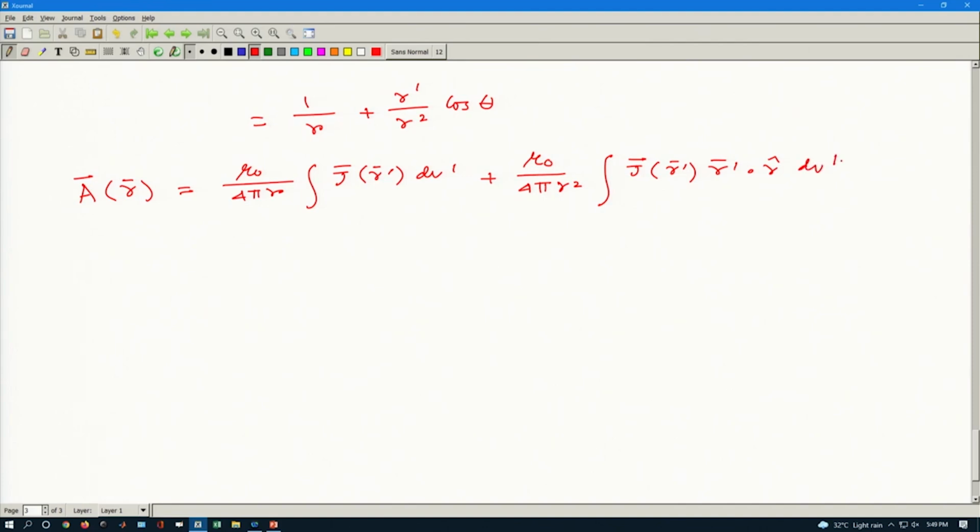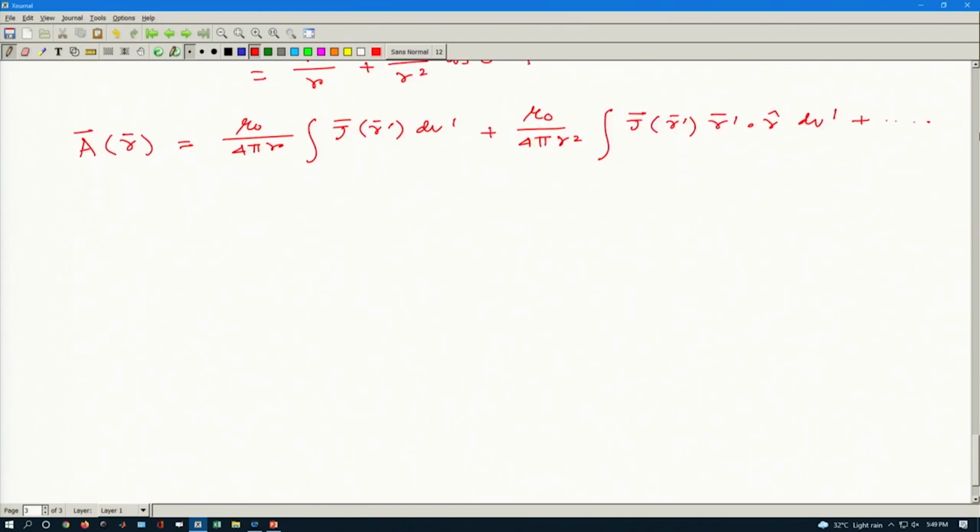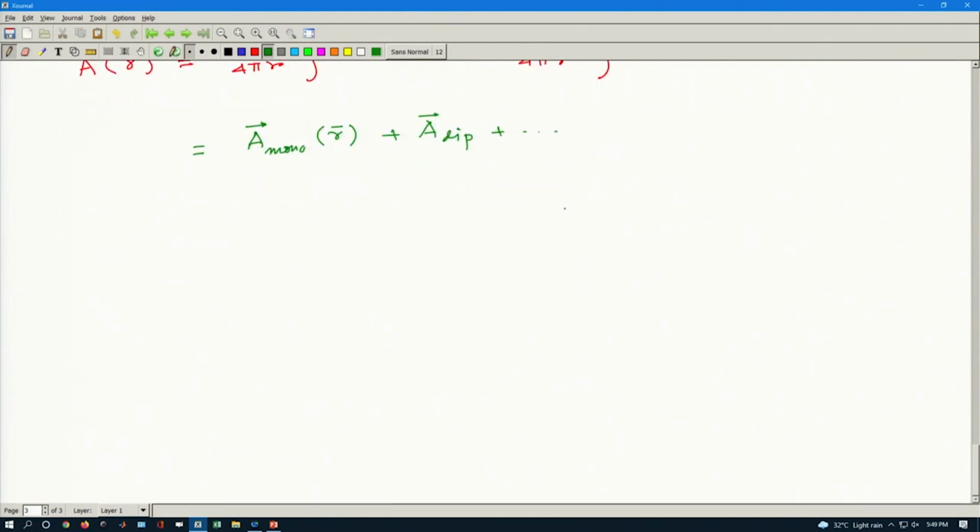So, here this is the contribution, also the higher order terms are there, because this is going on. For the time being, we are not bothering about the higher order terms. So, this is equivalent to the monopole contribution, which is a function of r, and the next term is the contribution of dipole, and so on.